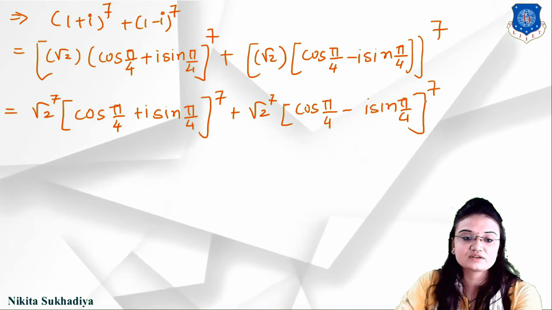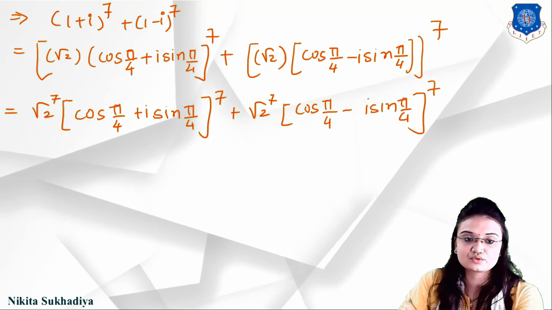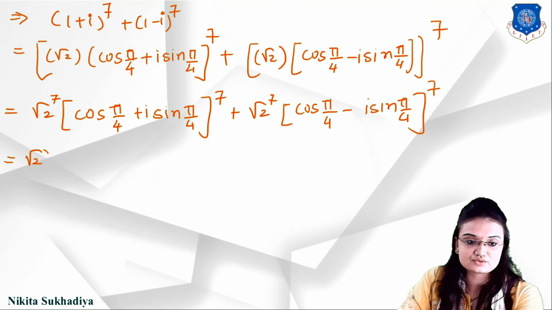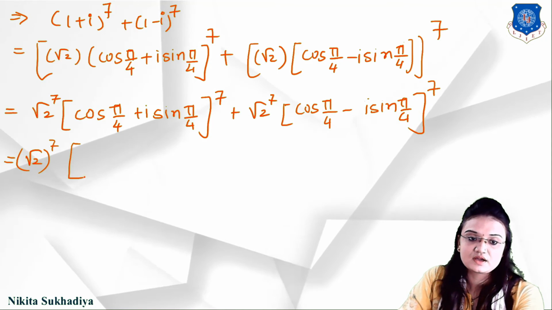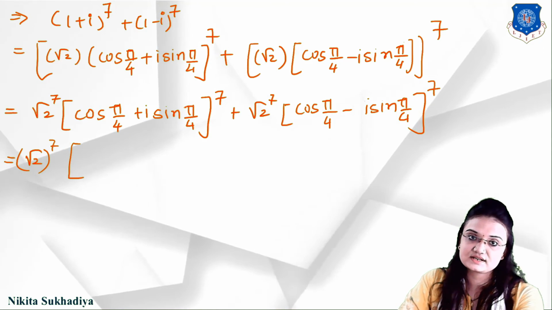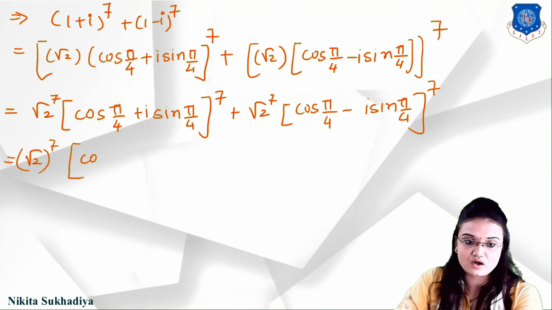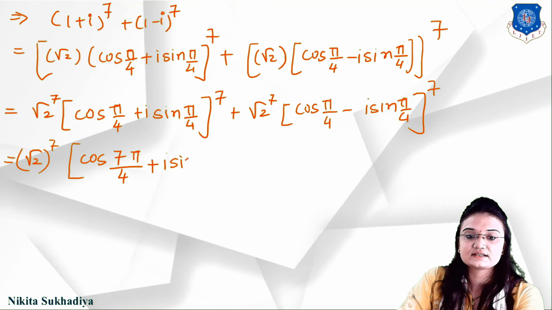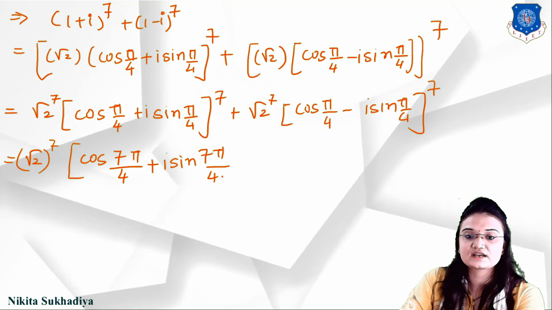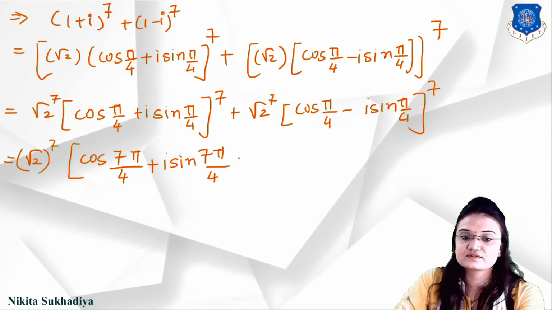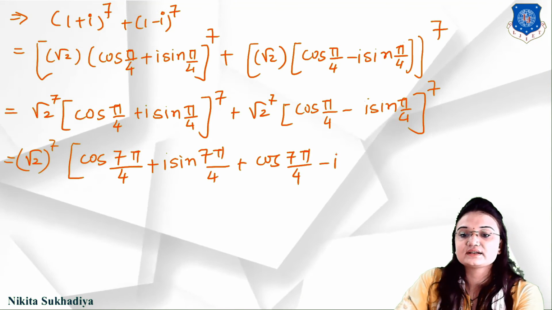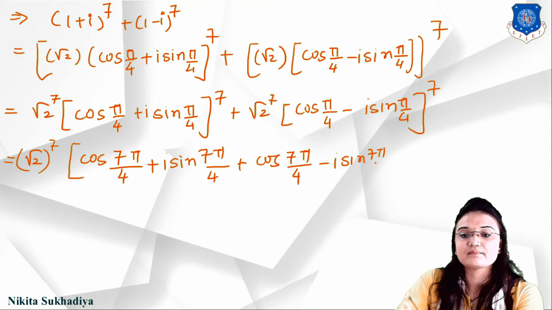Okay, so according to De Moivre's theorem, and by taking root 2 raised to 7 common from both these terms, so this is root 2 raised to 7 common, and by using De Moivre's theorem directly, this is cos 7 pi by 4 plus i sin 7 pi by 4, plus cos 7 pi by 4 minus i sin 7 pi by 4.